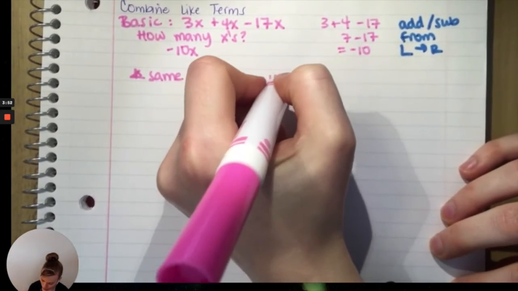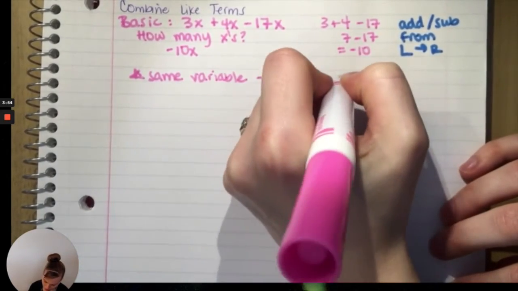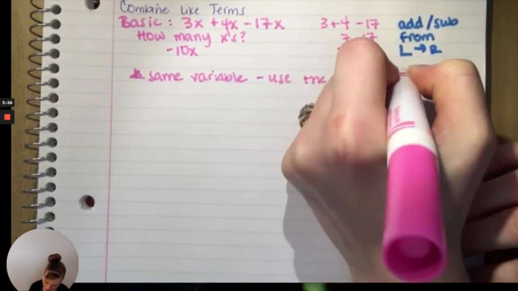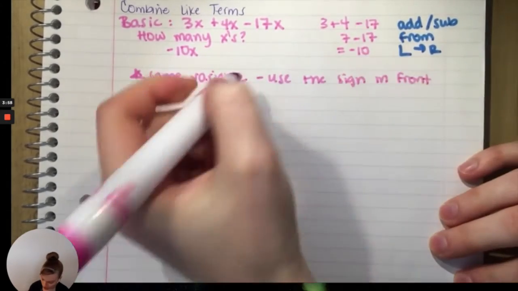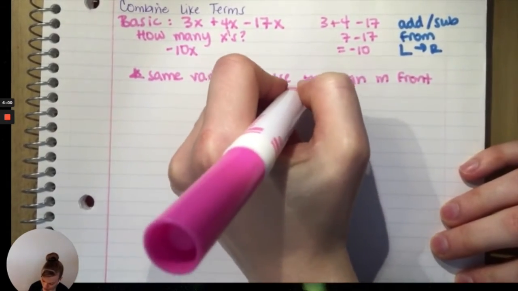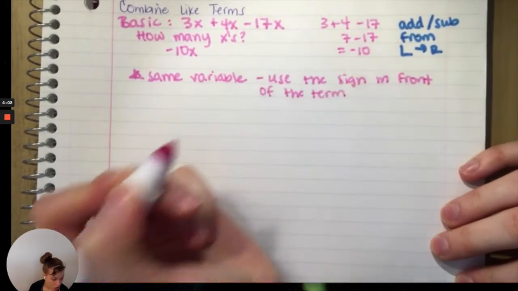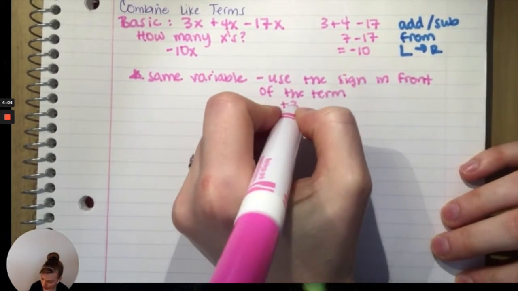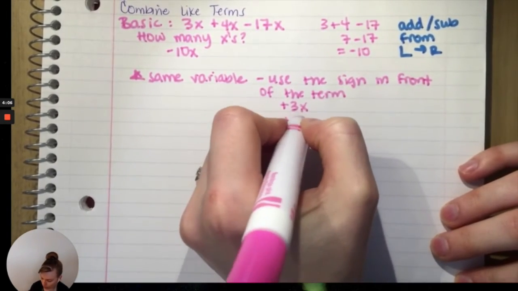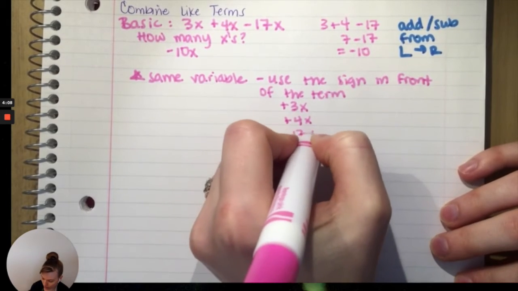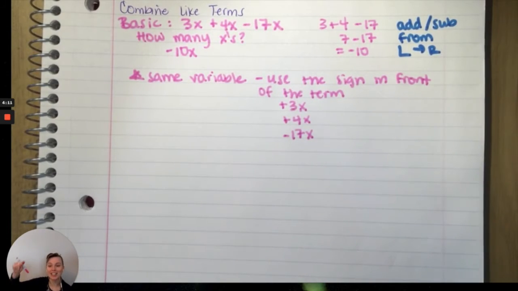And I'm going to use the sign in front of the term. So I had a positive 3x, I had a positive 4x, and a negative 17x. Those were all the signs in the front.